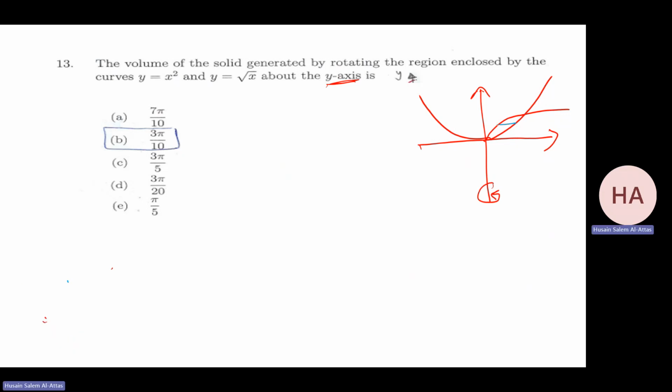So to make it perpendicular, I need things in terms of y. So I have x equals square root of y. I need the positive side, I don't need the plus or minus, because the other side I don't need. Here I have x equals y squared. Okay, so now we need to do the calculation.